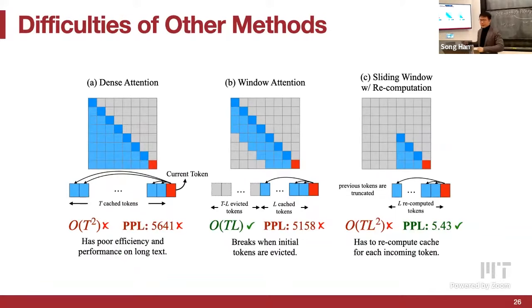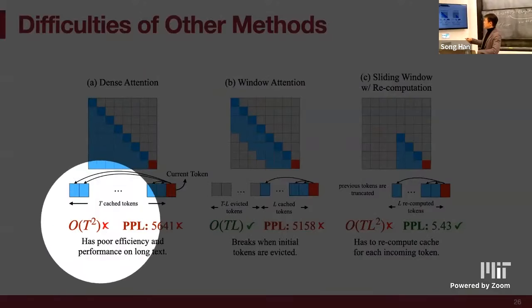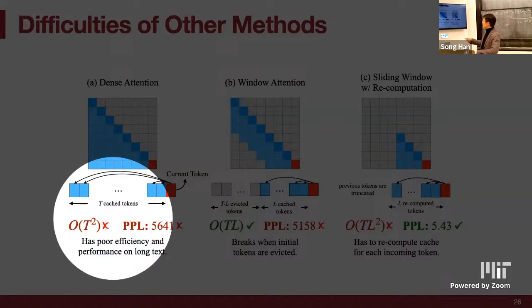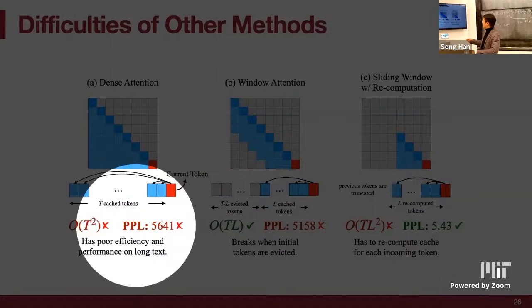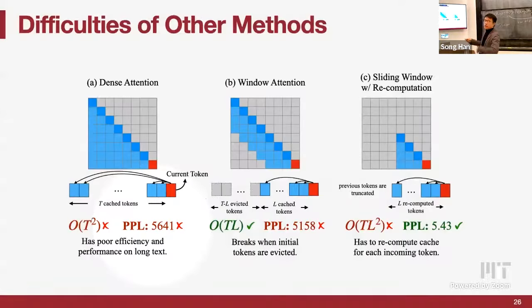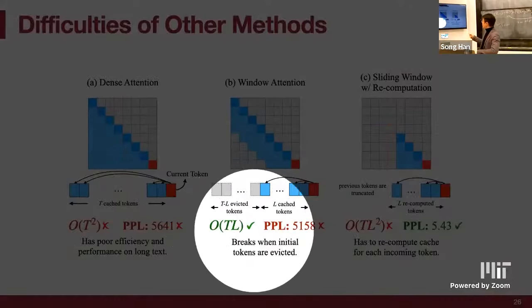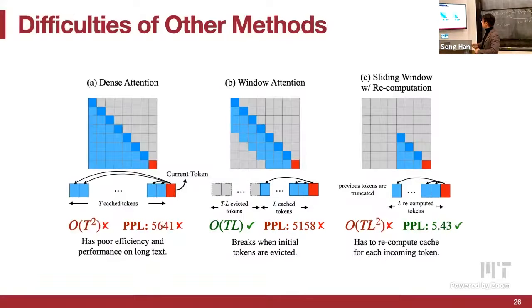What about other techniques like dense attention? Of course, the efficiency is poor. It requires O(T squared) complexity from the efficiency perspective, and the perplexity will also explode as the size exceeds the training context length. We talked about windowed attention: although the memory is good, the perplexity is pretty poor.